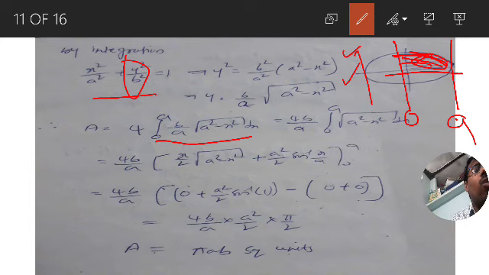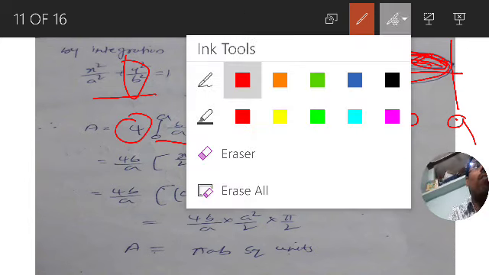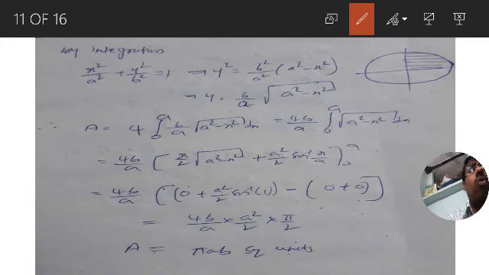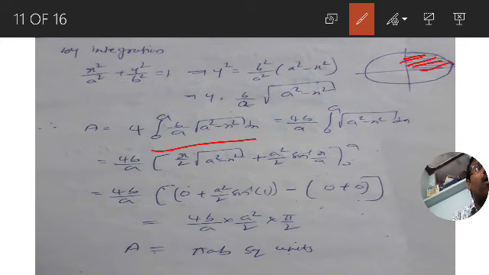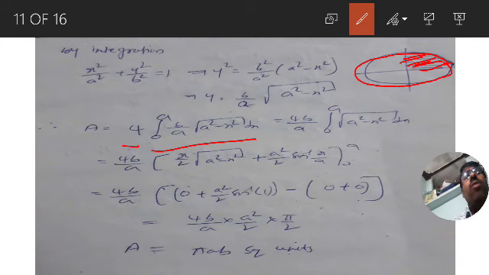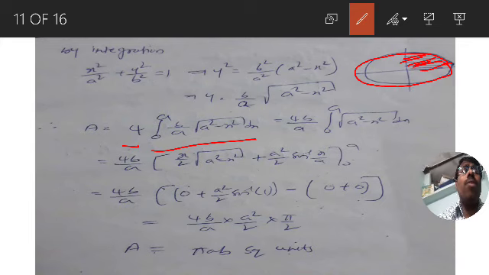But we need total ellipse area. We need to multiply with 4. Are you getting, guys? So by this formula we are only going to get this quarter ellipse area. In order to get total area, we need to multiply with 4. So 4 into integration 0 to a of b by a square root of a square minus x square.